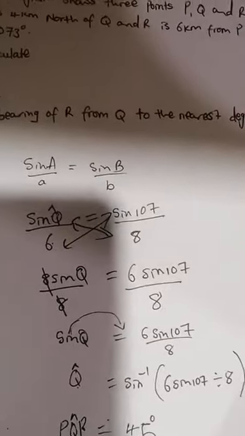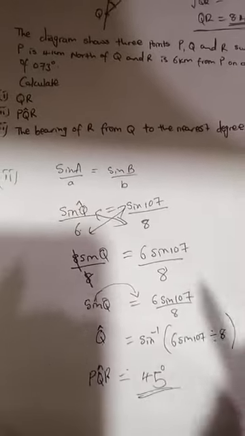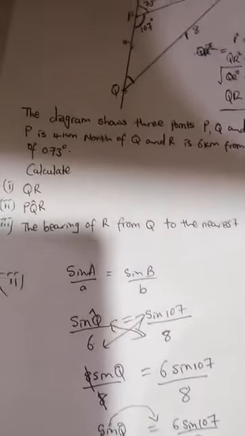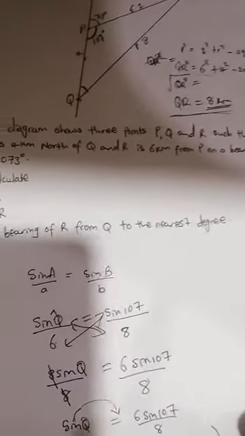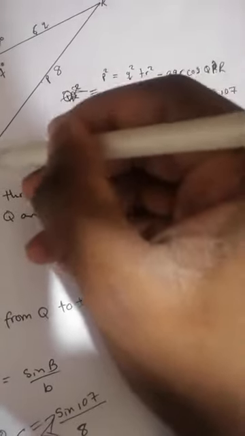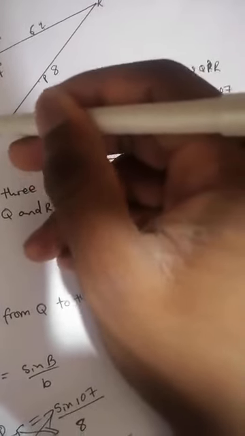Now the last question, the bearing of R from Q to the nearest degree. We want the bearing of R from Q. Where is Q? We want to move from Q to R. So this is our north, this is our south.